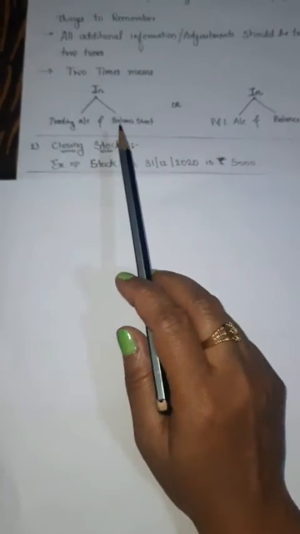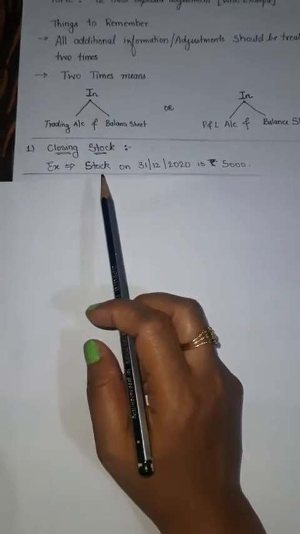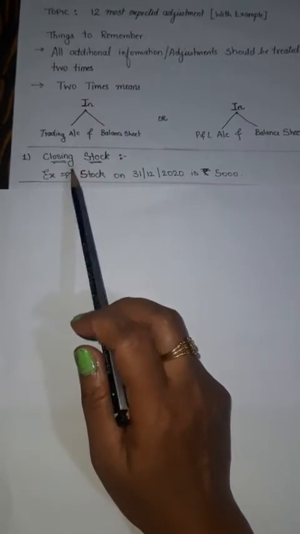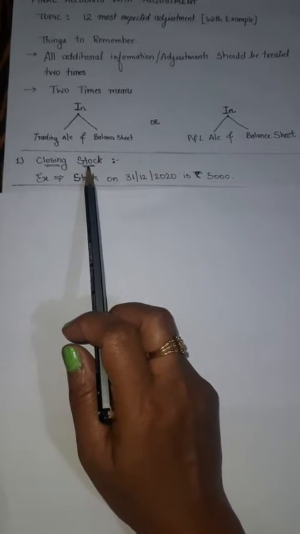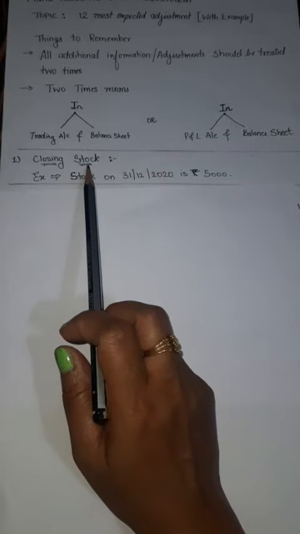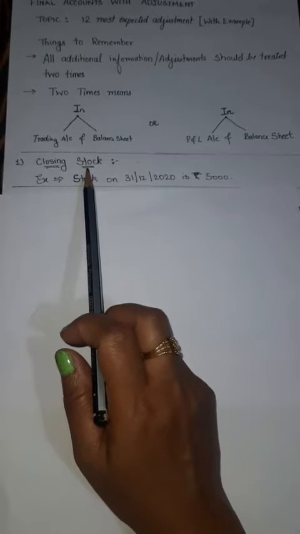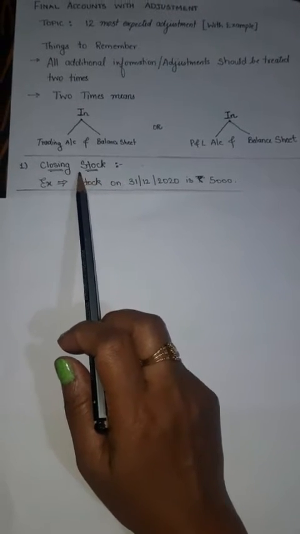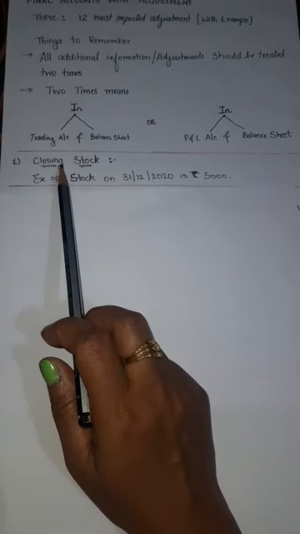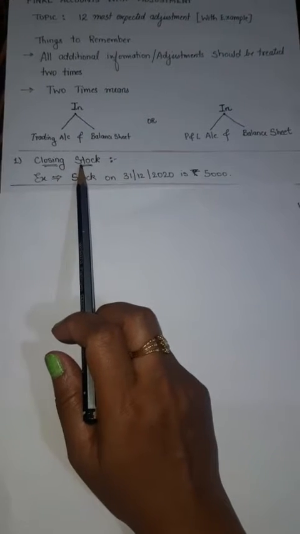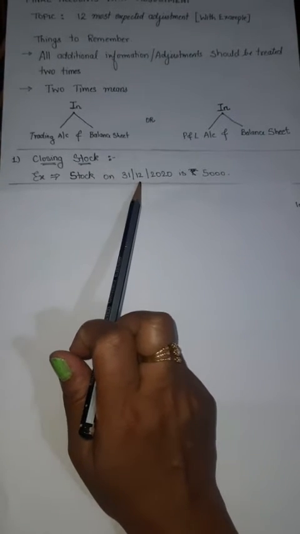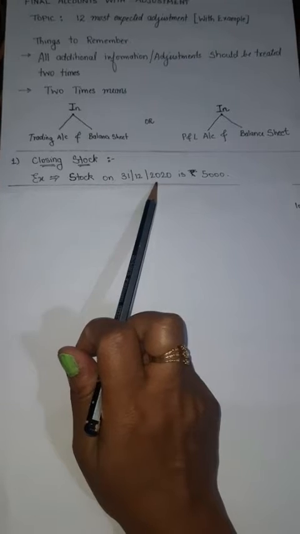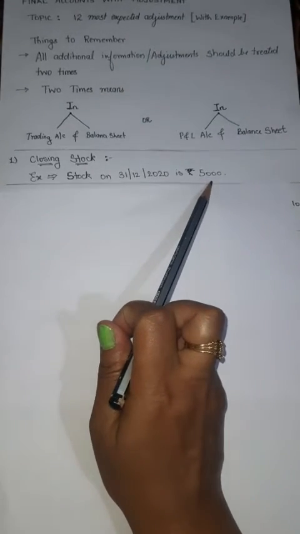In front of you is one adjustment. So we are going to discuss the adjustments one by one. The first adjustment is closing stock. The effect of the closing stock we have discussed in yesterday's problem also. We have opening stock as well as closing stock. So for example, stock on 31st December 2020 is rupees 5,000.